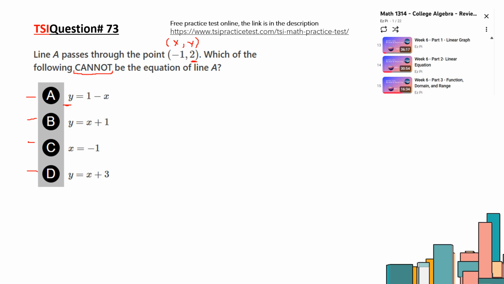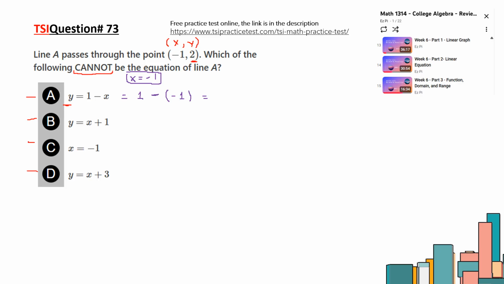We have here y is equal to 1 minus x, minus x. I put x inside of the parenthesis, and now plug in x equal -1 in each choice A, B, C, and D. So 1 minus -1.